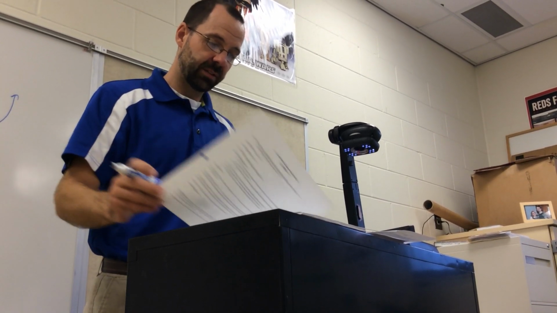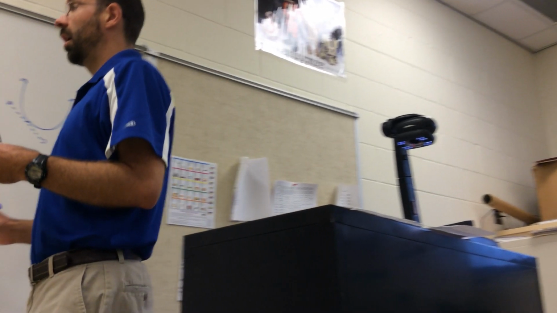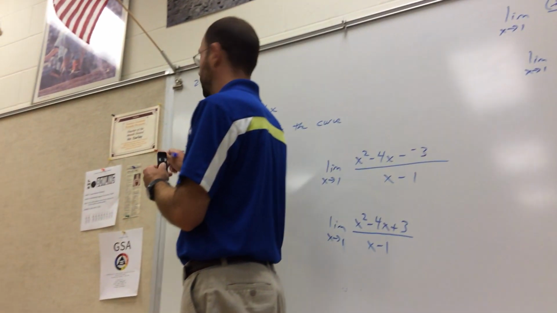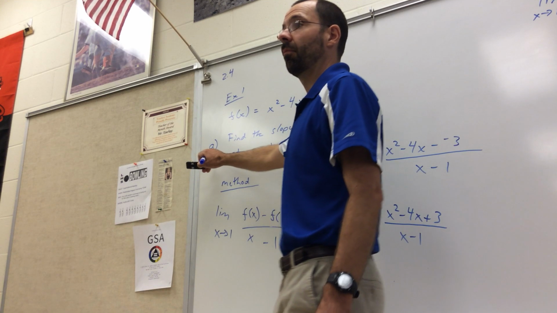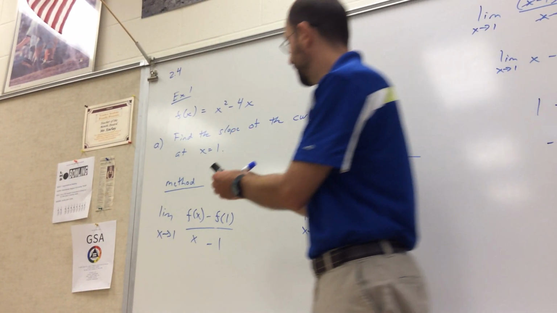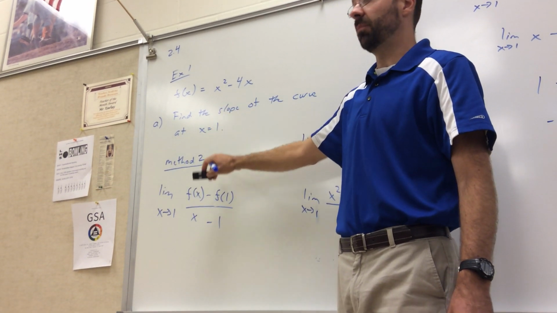Okay, so that was the slope of the curve at a point. So that was part A of this question. Find the slope of the curve at x equals 1, and I did part A using two methods, method 1 and method 2.